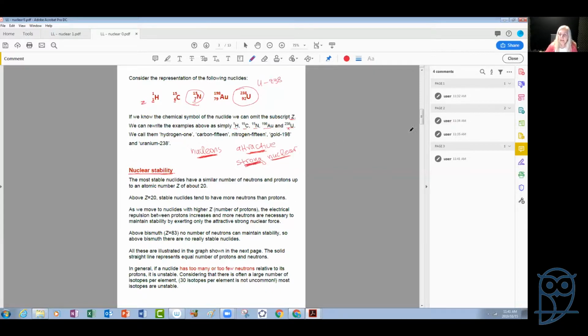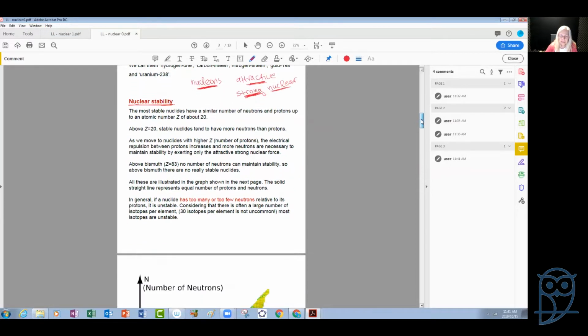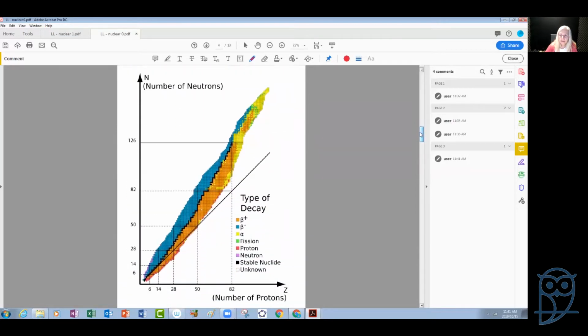The best way to understand this is if we look at this chart, or graph. It looks very unclear, but if you look at the two axes, this horizontal axis is the number of protons.